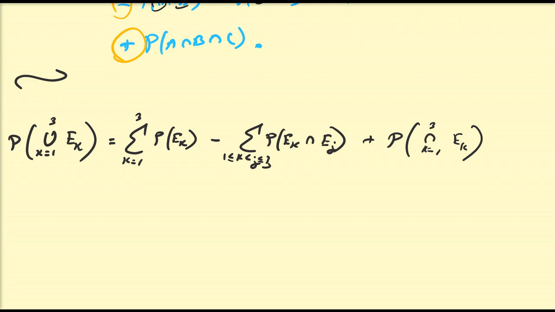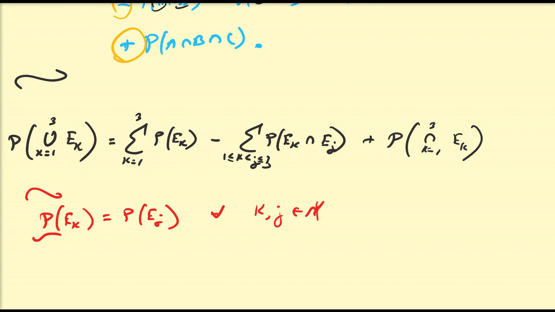So remember one of the properties that we proved before: the probability of E_k is going to be equal to the probability of E_j for all k and j in the natural numbers for the general case. Even though we only go up to 5, this is going to be true for the general case. So these values are going to be the same.